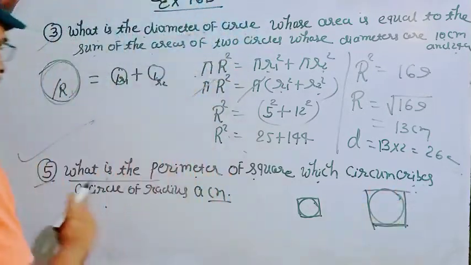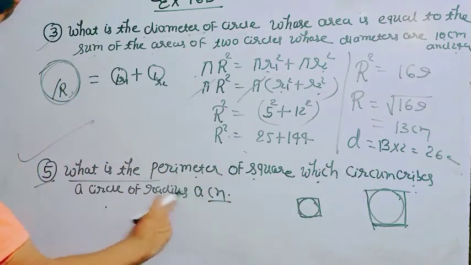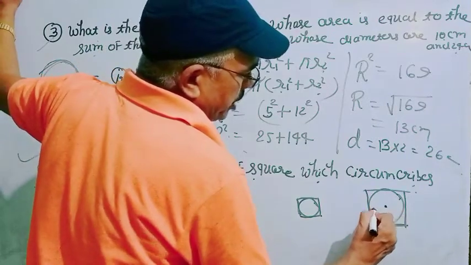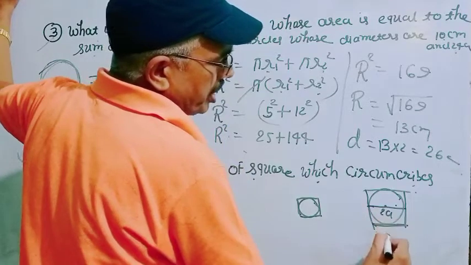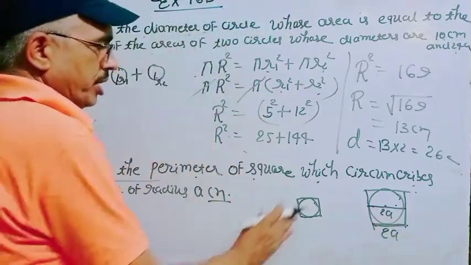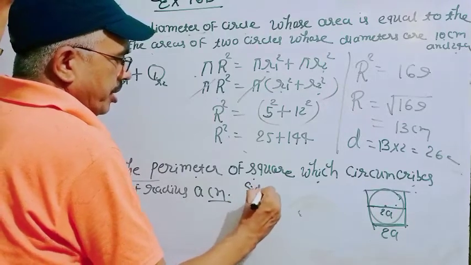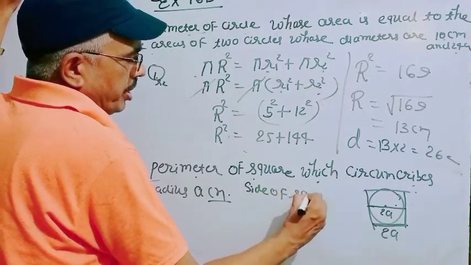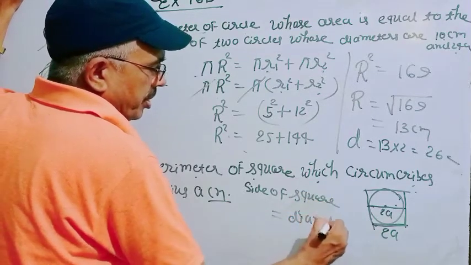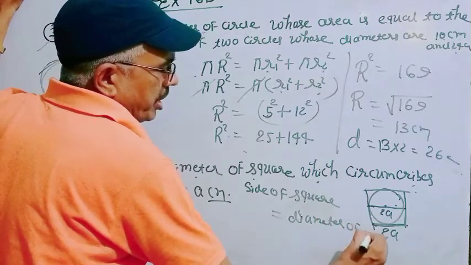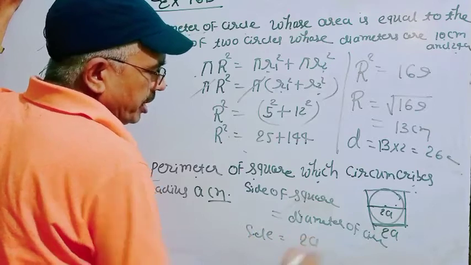So your question is, what is the perimeter of a square which circumscribes a circle of radius a? Radius a, then it is clear the diameter is 2a. If the diameter is 2a, then the side will also be 2a. You write here that the side of a square is equal to the diameter of the circle, so the side of the square is 2a.